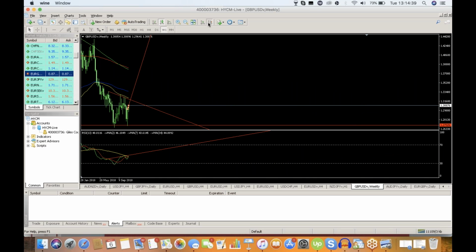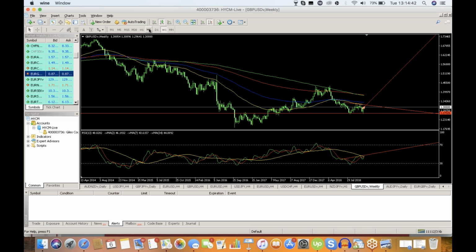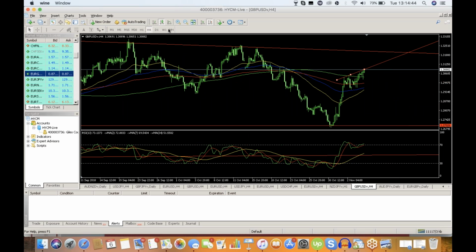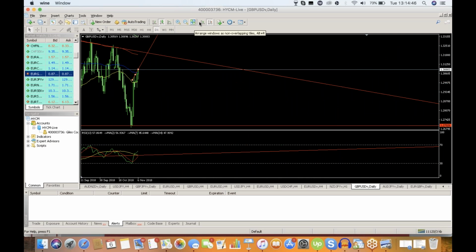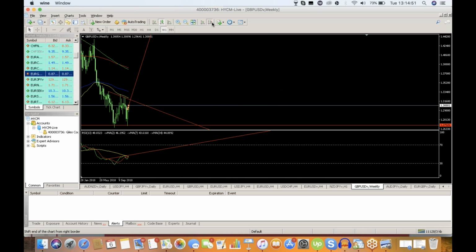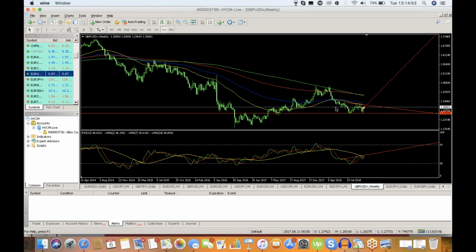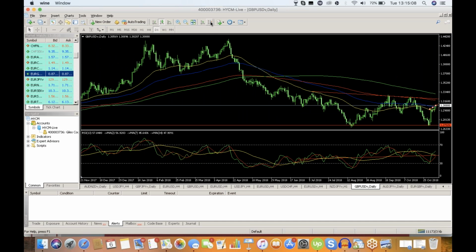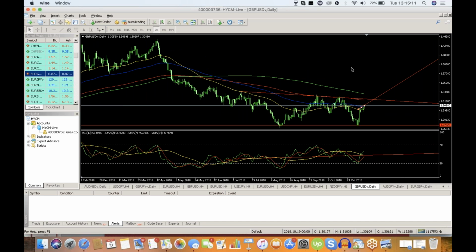And on the weekly chart, we can see that it was the 200 simple moving average that was respected here and here, and price sort of, not quite ignored, but there wasn't so much of a reaction against the exponential moving average. So I'll leave it to you to decide which moving average you prefer to use.